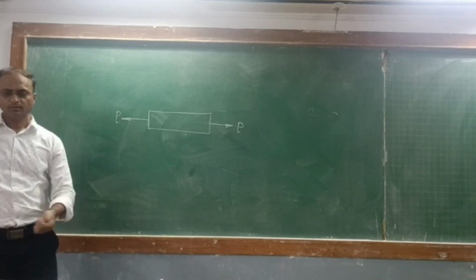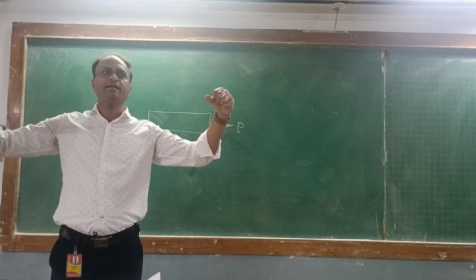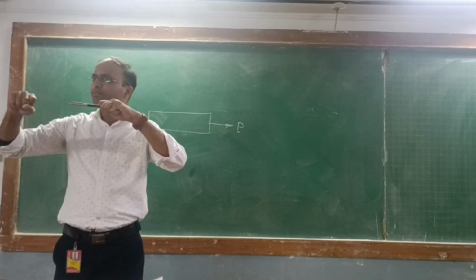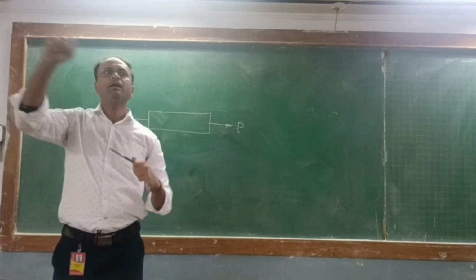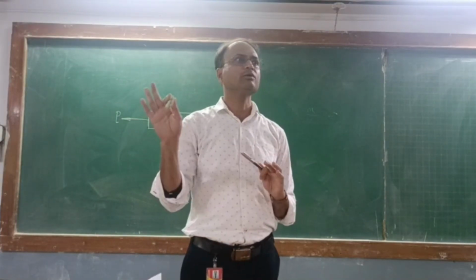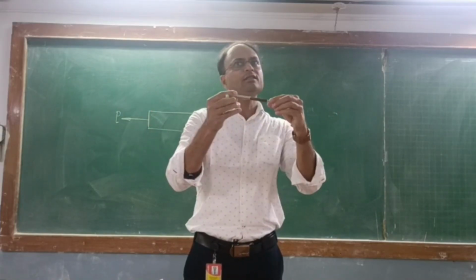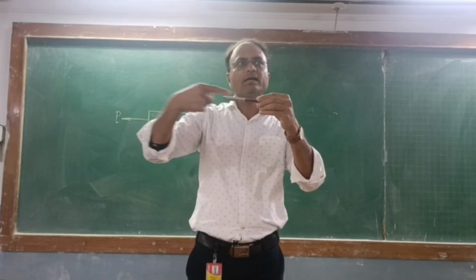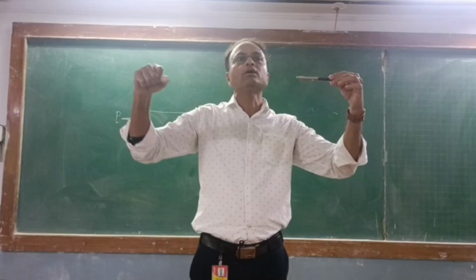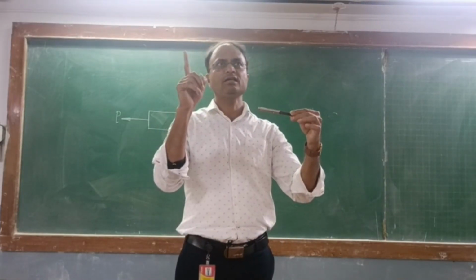If I pull this rod, okay, this is one rod. If I pull this on both the sides, its length will increase. What will happen to the other dimension? You understood my question? Yes, sir. If I pull this rod on both the sides, length will increase. That means the dimension along the axis will increase. What about the dimension perpendicular to the axis? It will decrease. Yes or no?